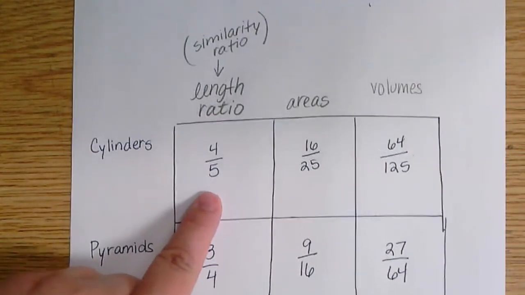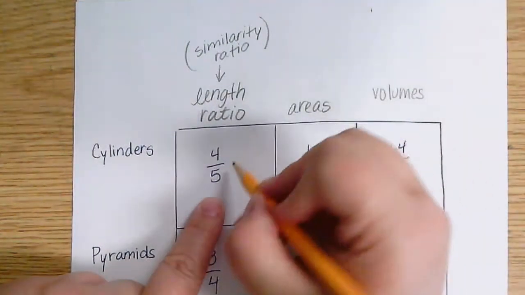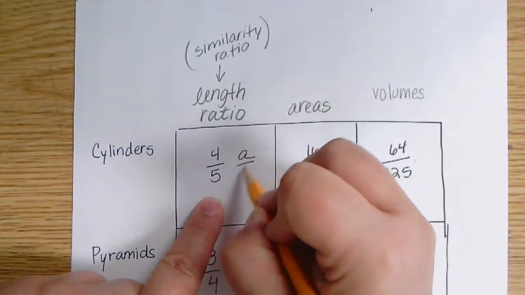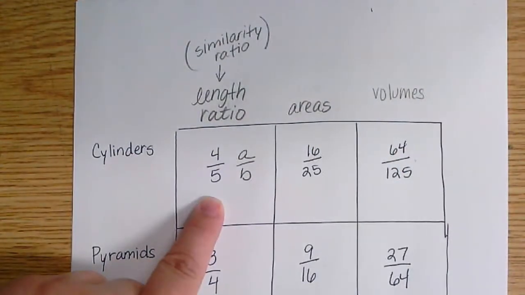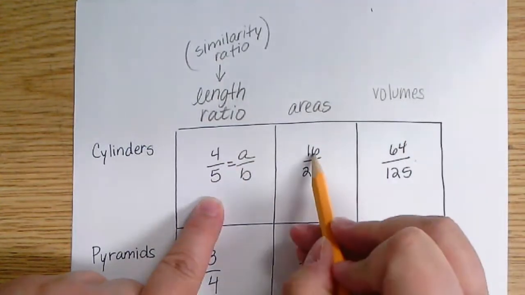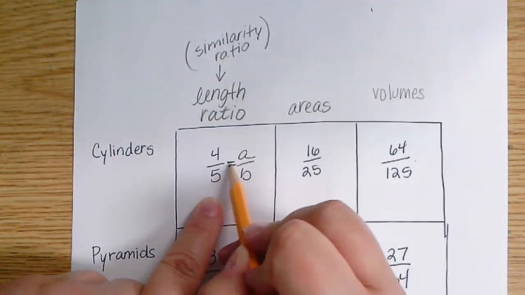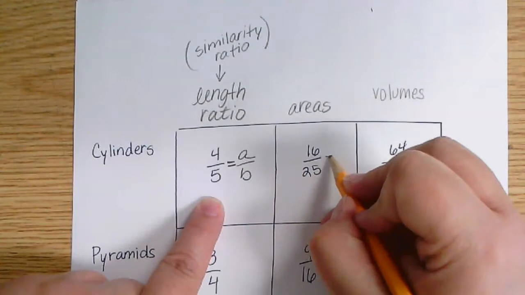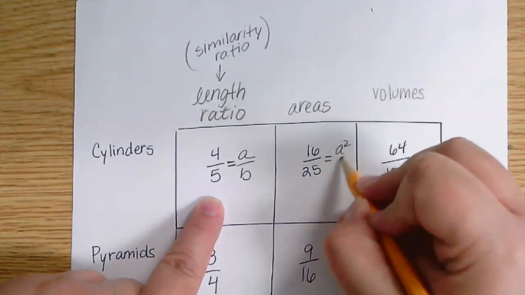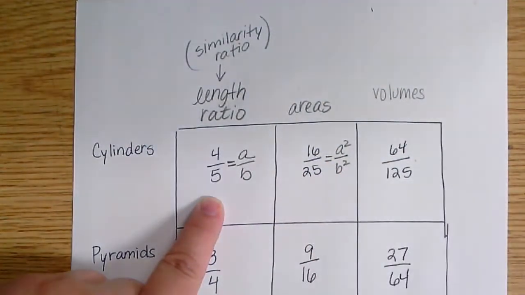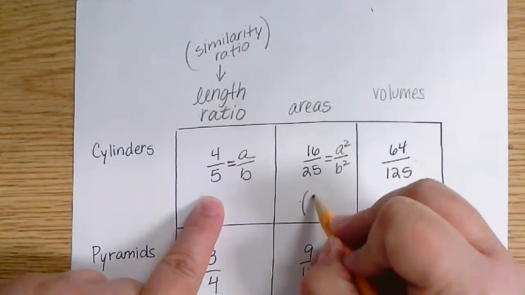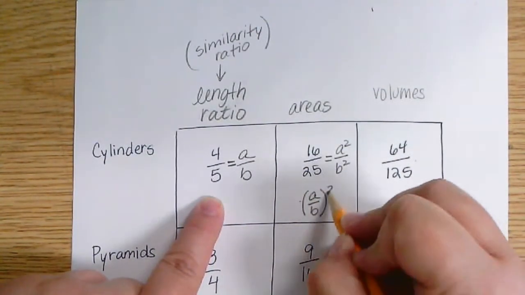Well, whatever my length ratio or similarity ratio is, let's call it A over B. How do 16 and 25 relate to 4 and 5? Well, that's A squared over B squared. Also could be written like this, A over B all squared.